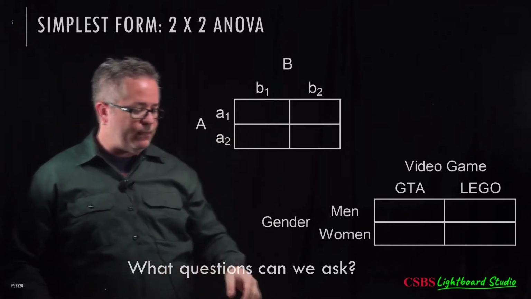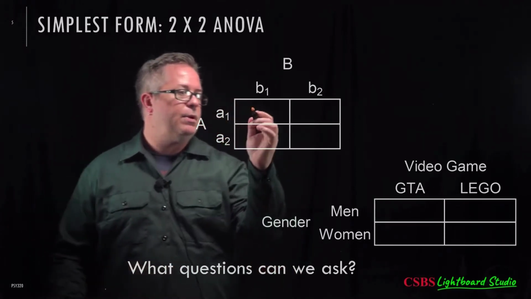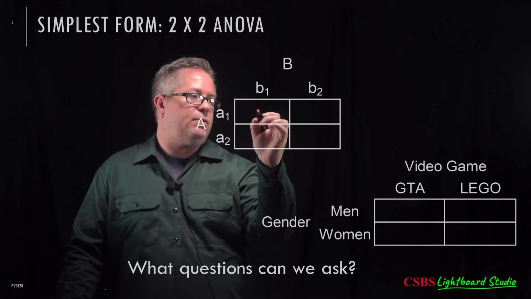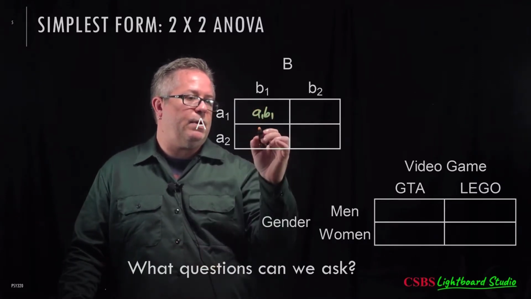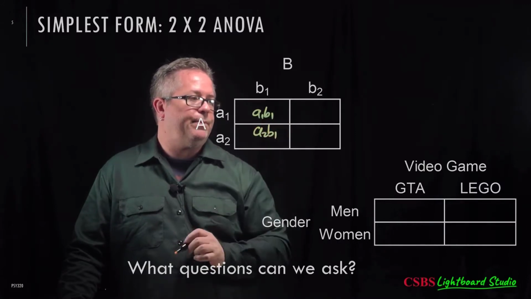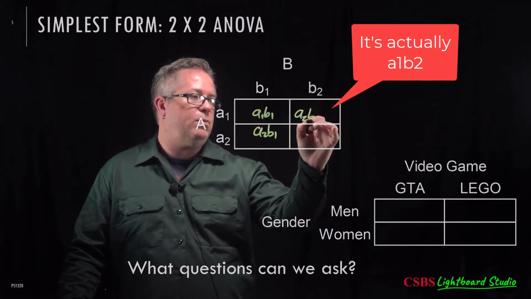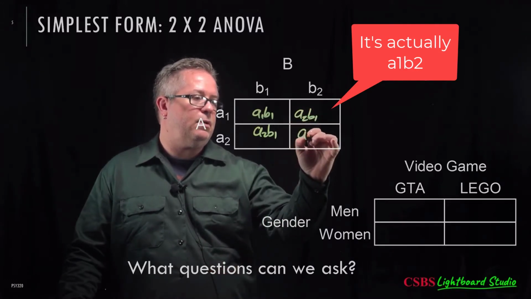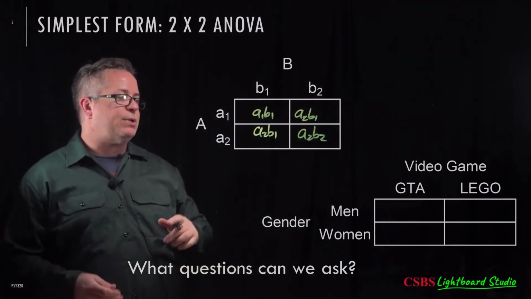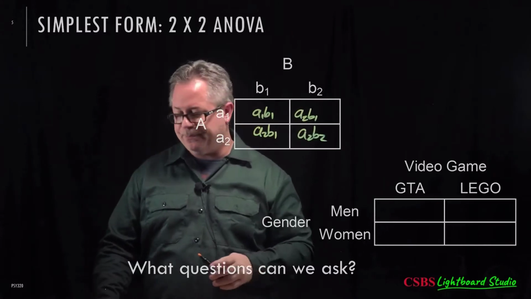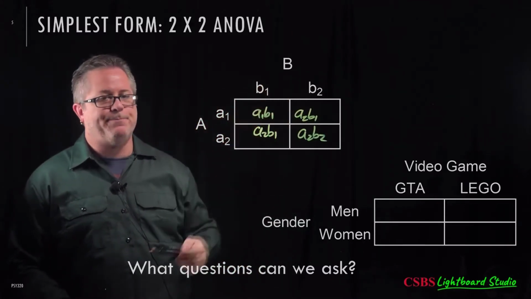What makes this factorial, as you can see in this box, is that each of these represents a combination. So here I have A1B1, A1B2, A2B1, and this is A2B2. So every combination exists. That's what makes this factorial. Every level of A exists in combination with every level of B.